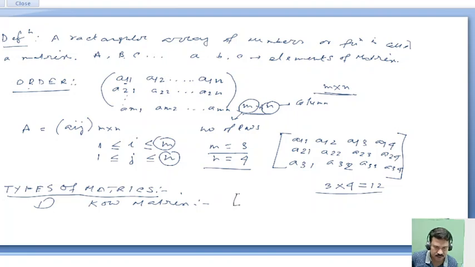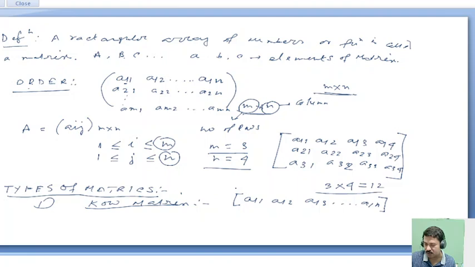That is, this type of matrix is A11, A12, A13 and A1n. This type of matrix is called row matrix.